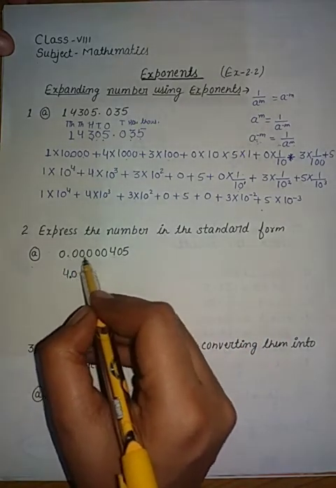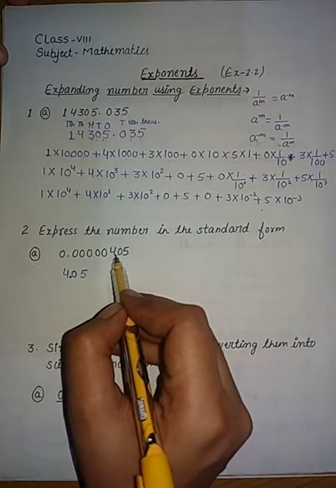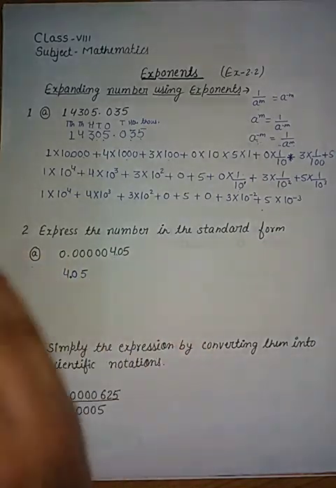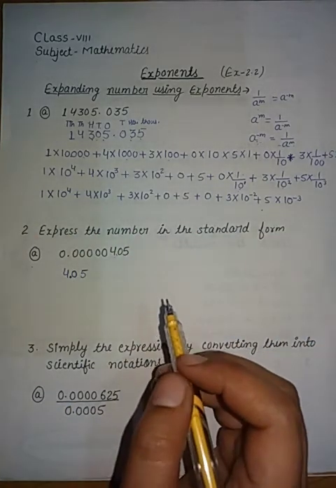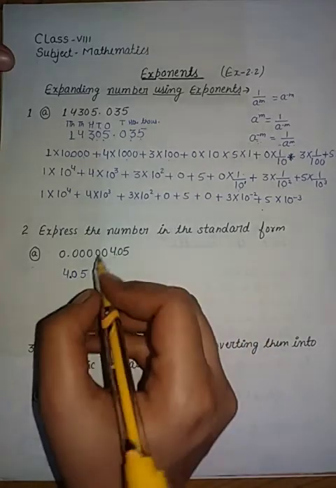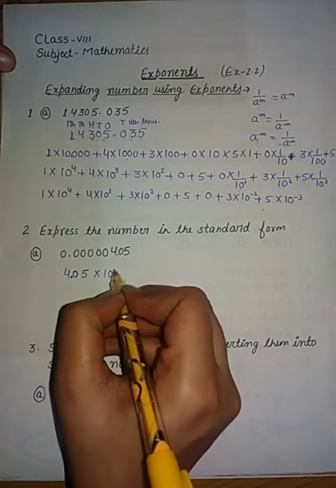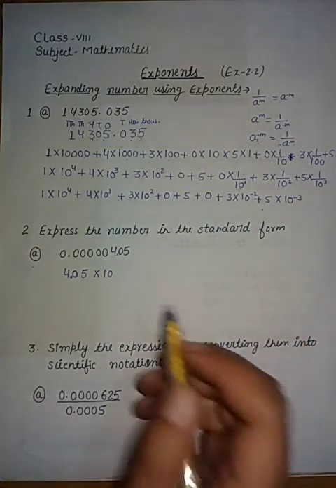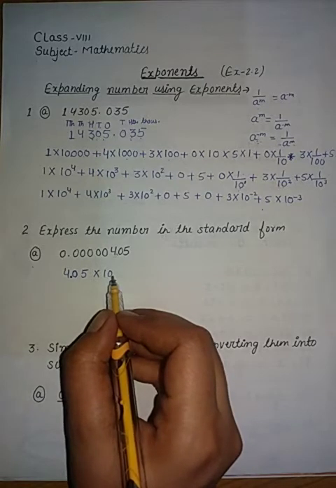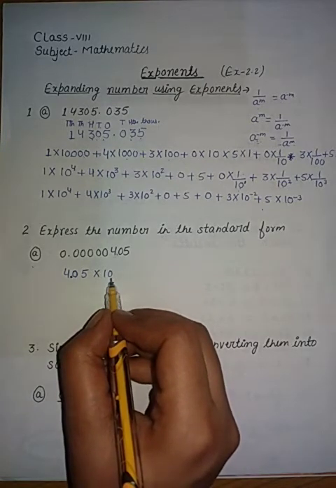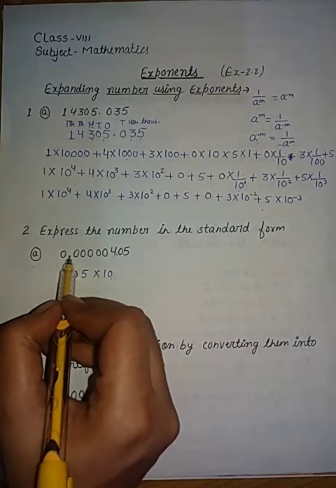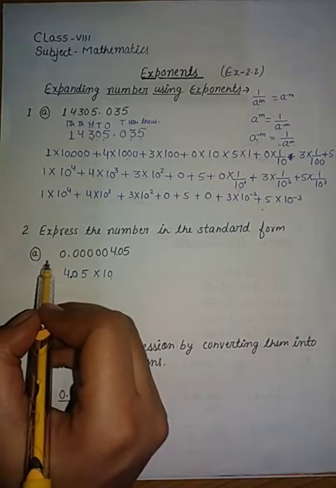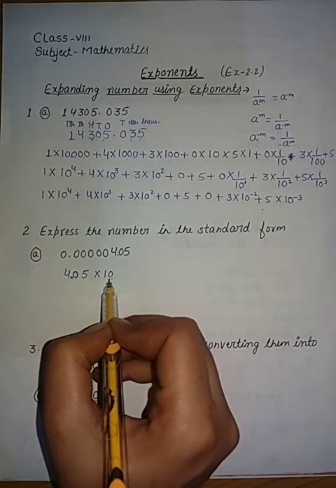This means I am moving my point to the right side, after 4. If I move my point to the right side, then I will multiply by 10 raised to a negative power. If I move my point to the left side, then 10 is raised to a positive power.